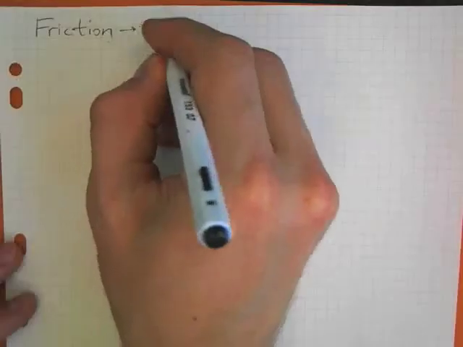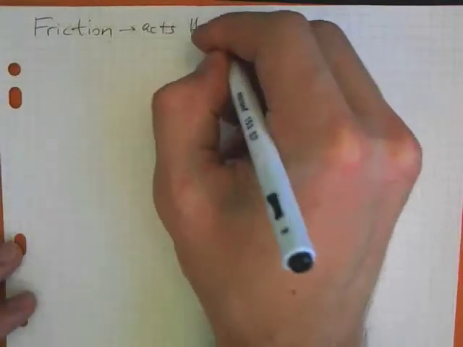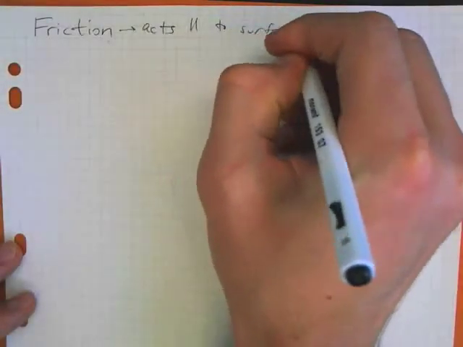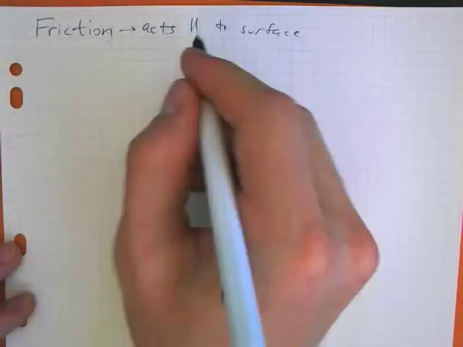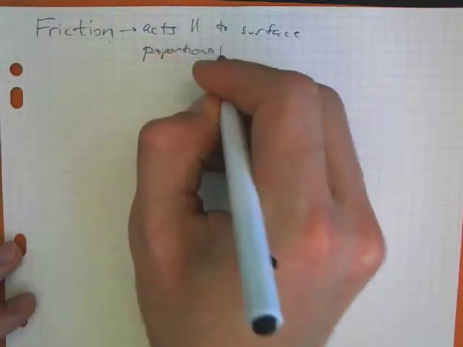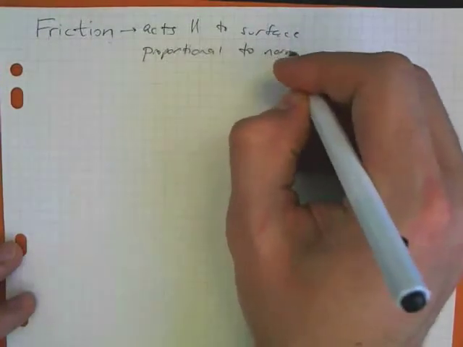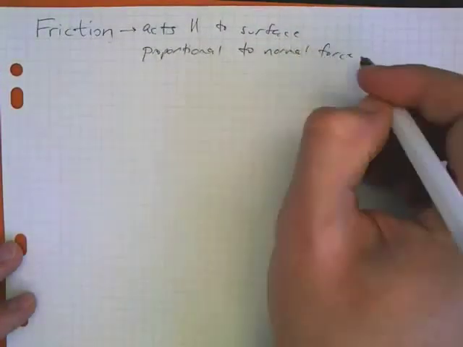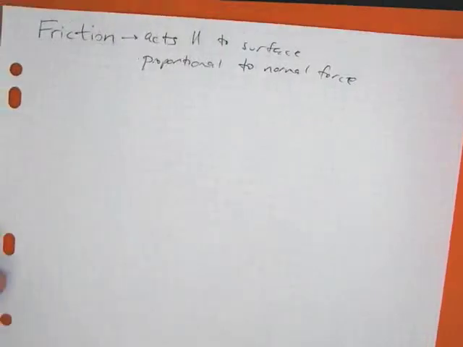So friction always acts parallel to the surface whenever two objects are in contact, and it is proportional to normal force. The greater the normal force, the greater the friction.